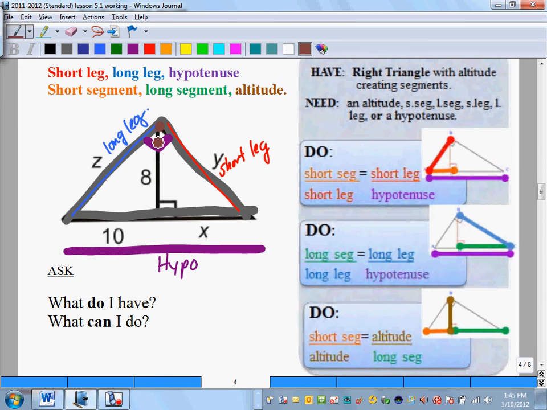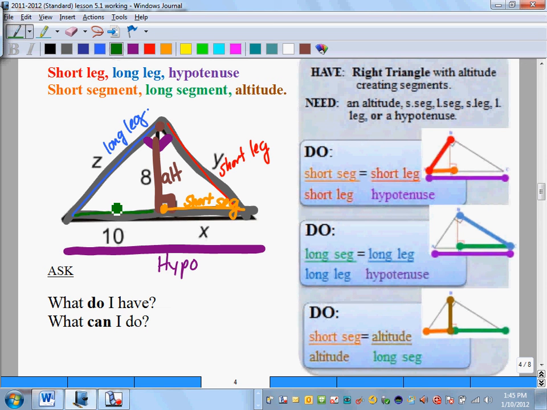From the right angle straight down, making another right angle, that's called an altitude. The altitude cuts the hypo into 2 pieces. Underneath the short leg, this is called the short segment.